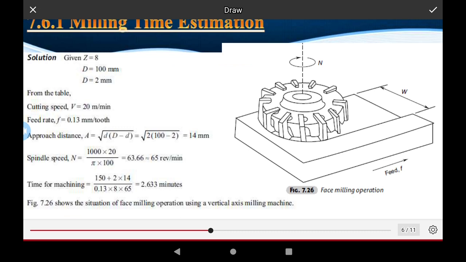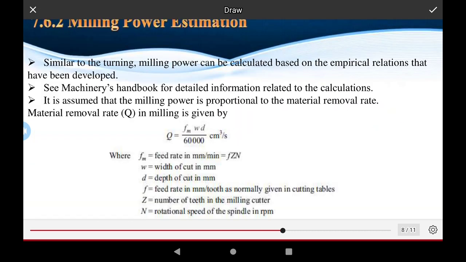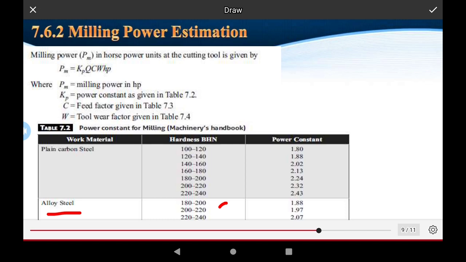This gives the power constants for these different materials, which depend on the strength of the material. As the Brinell hardness number increases, the power required is also very high. Other parameters are given in the tables, and you put the values directly into the formula and find the result.